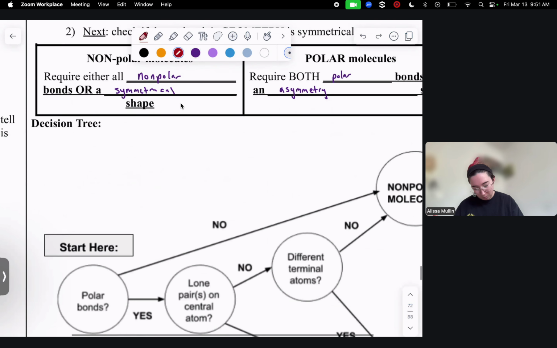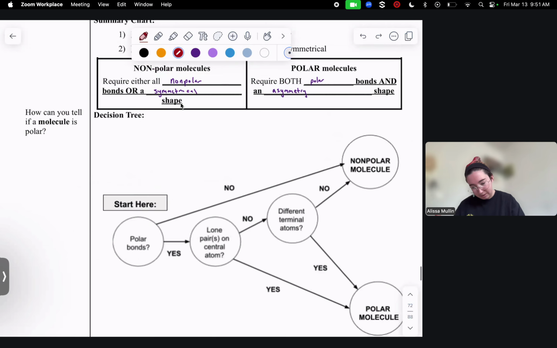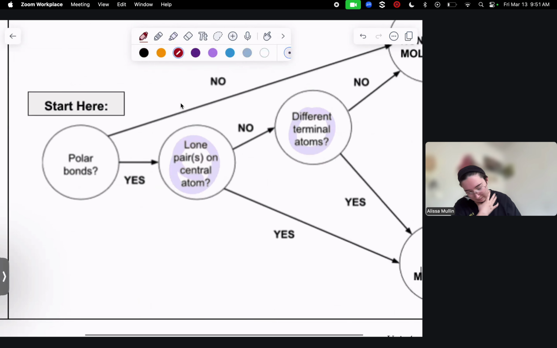Again, here are some tricks for it. Here's this decision tree. If you're having a lot of trouble being like, is it symmetrical? I can't really tell. Here are the other tricks. If it has either of these, that means it is asymmetrical.